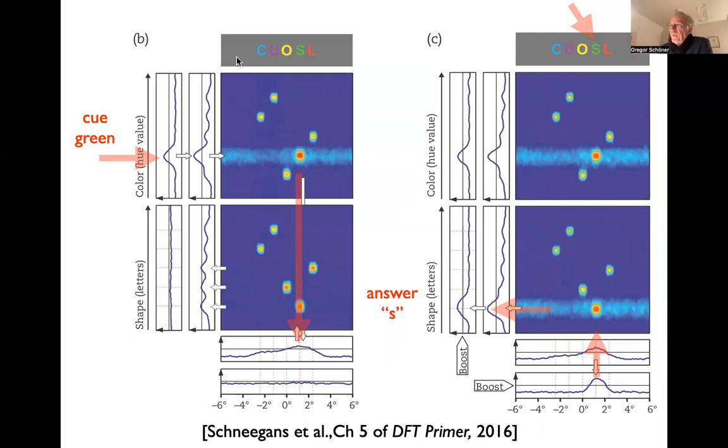Let's say you have color and some kind of shape representation of the letters in one-dimensional retinal space, just to make it simple. Let's say that's your input, and you want to know what shape you have that's green.